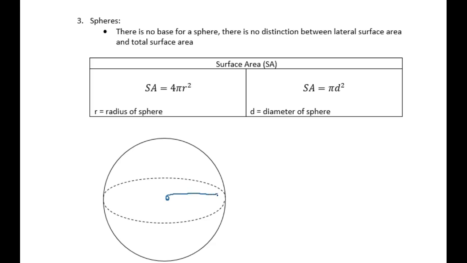Remember, radius is half of your diameter, and you can also use the diameter formula instead, which is pi d squared, or pi times diameter squared. Choose your option, and remember to use your pi button on your calculator so that you can use all the decimal places until the very end of the question.